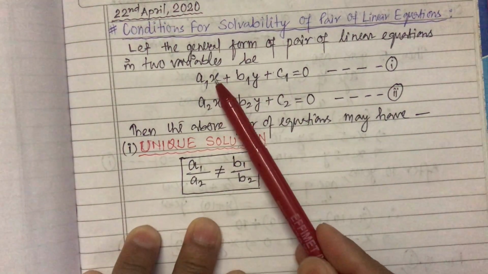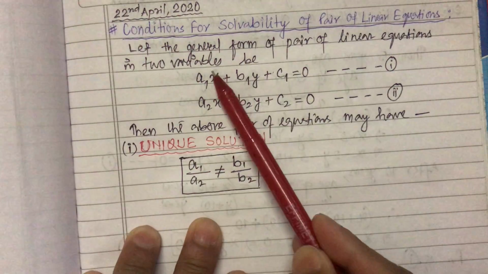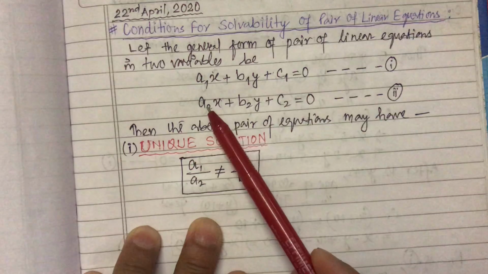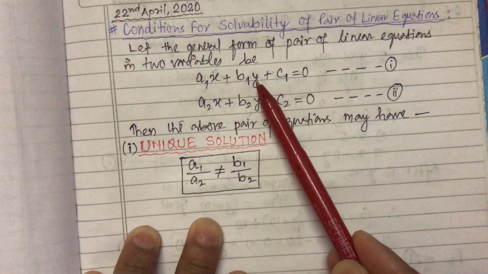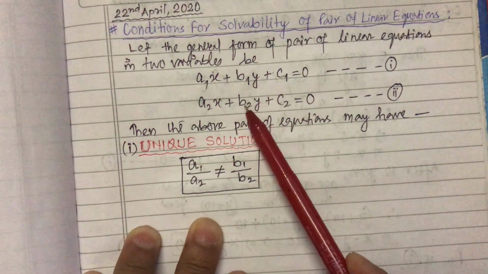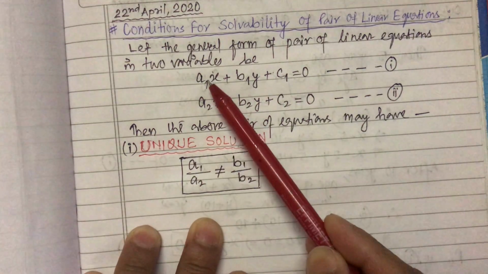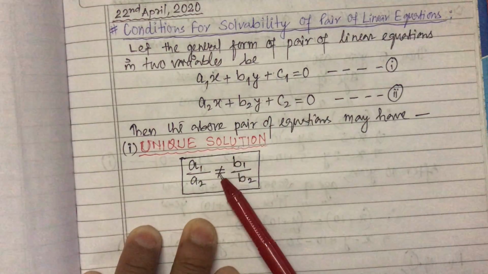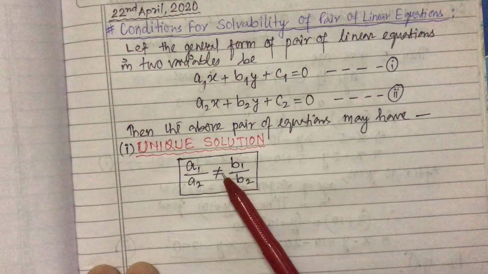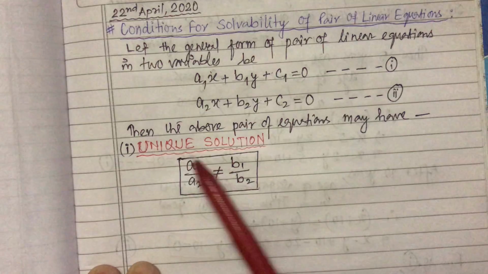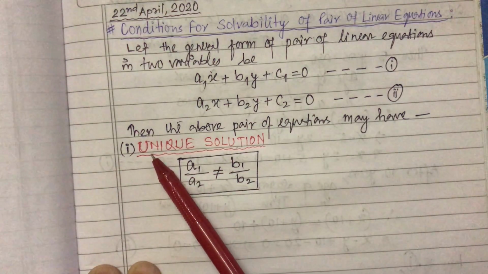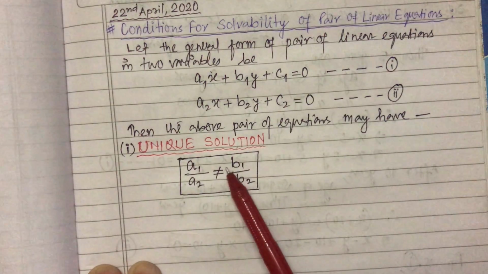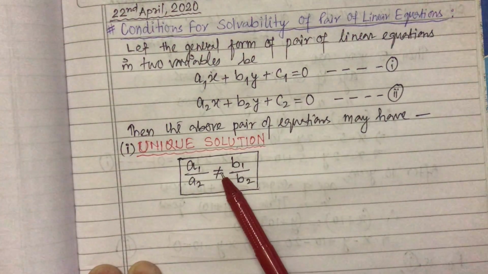The coefficients of x in both equations are a1 and a2, and similarly the coefficients of y are b1 and b2. So I just took the ratio of a1, a2 and b1, b2. If the ratios are not equal, then we can say the equations have a unique solution. Why? Because this condition is there.